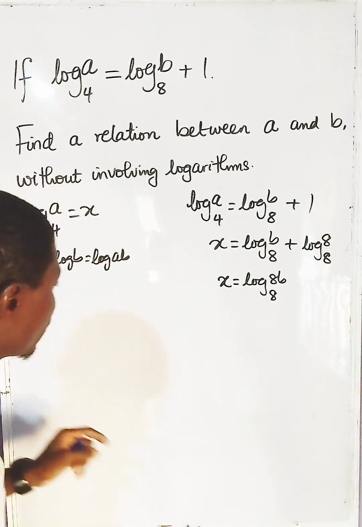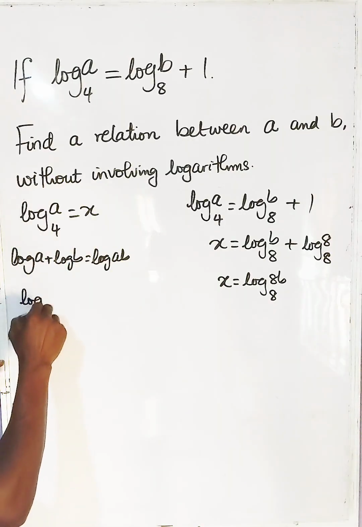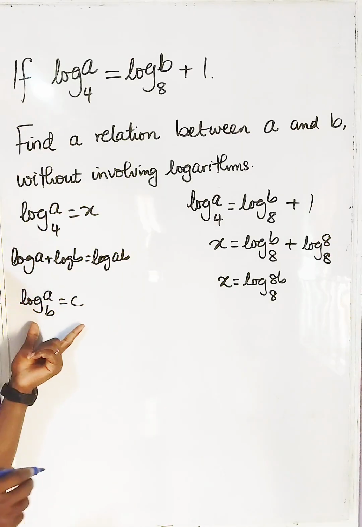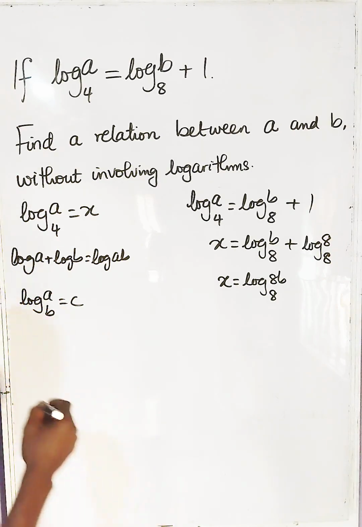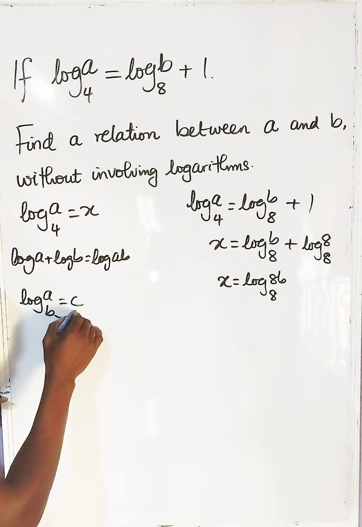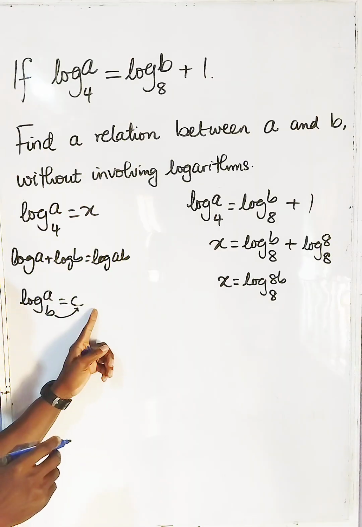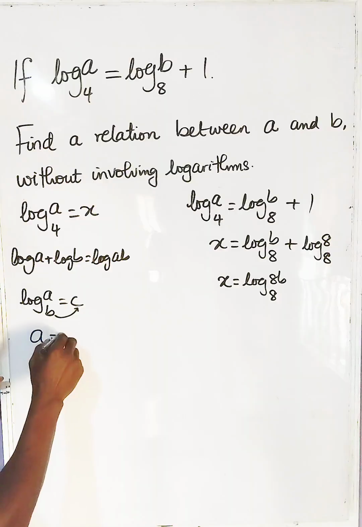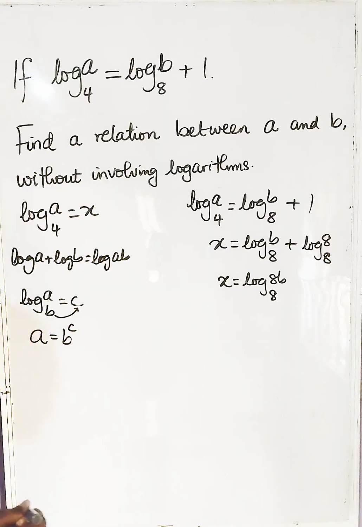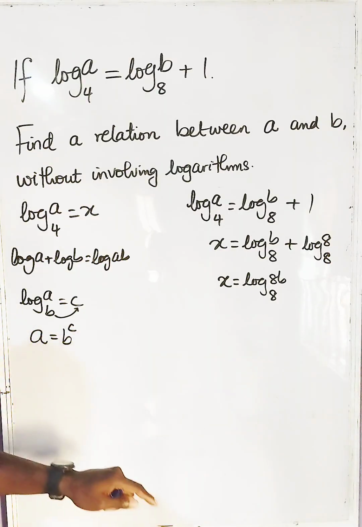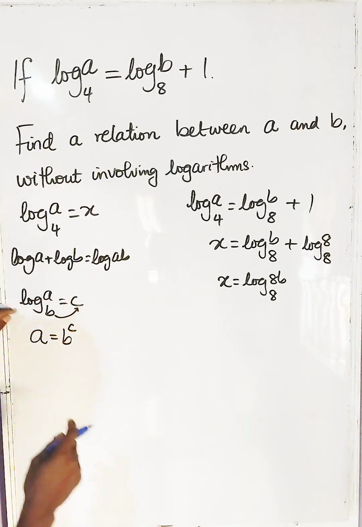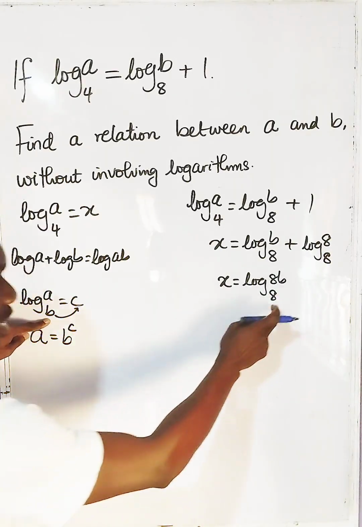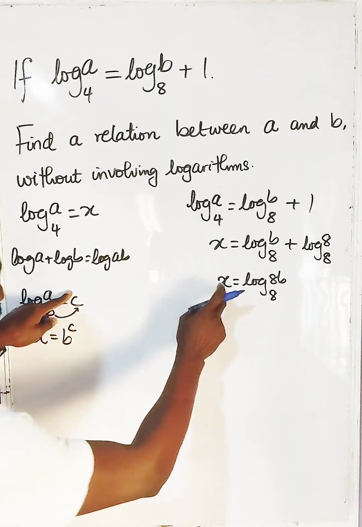And how do we do that? Let us recall that if you have log A base B equals C, we can transform this logarithm into index form by saying A equals B raised to C, so C becomes an exponent to B. In this case, our A here is 8b, our B here is 8, and our C here is x.